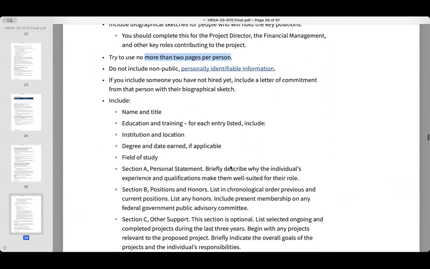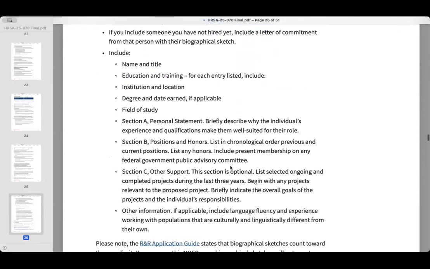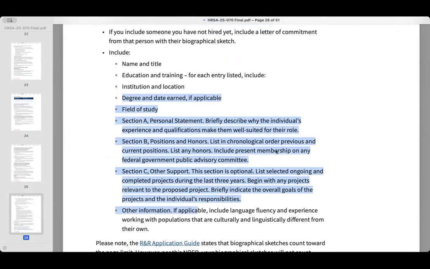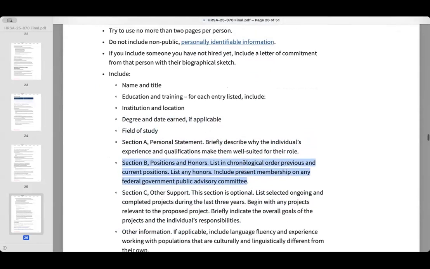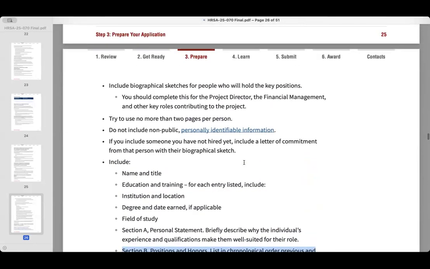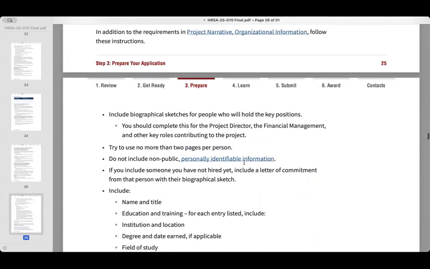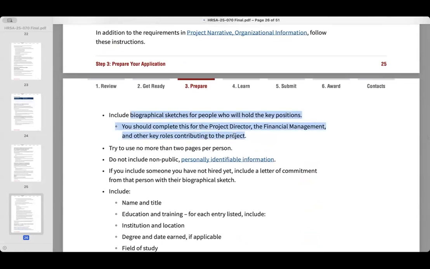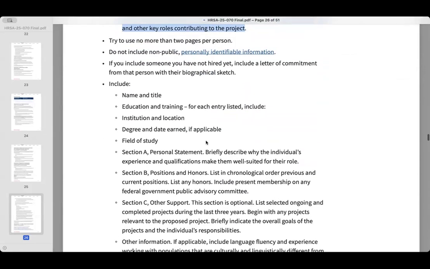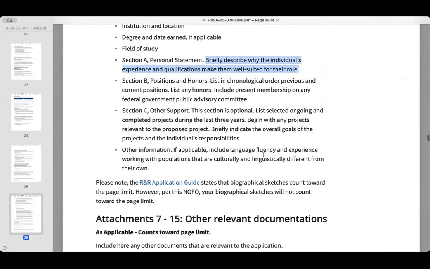Okay, so now you'll see that these biographical sketches include a lot of information. The personal statement will be more customized. This is going to be pulling high-level details from CVs and stuff. So you can get through much of this just by collecting the resumes or CVs of the people who are serving as the key positions, and then only going to them for things like the personal statement, while prompting them on the things that you would like them to include.